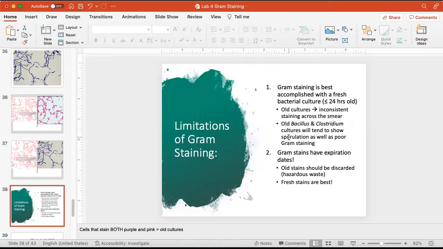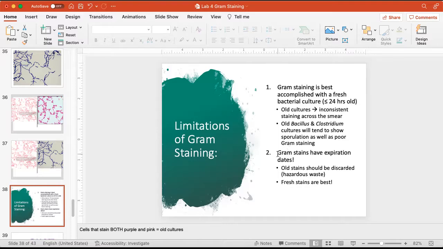So it's going to gram stain poorly, inconsistently, and I'm likely to also see some signs of sporulation. If you ever do a gram stain and the cells show signs that they're sporulating, your culture is too old. Your sample is too old, and you cannot trust those results. You need a fresh sample. You need a fresh culture. So the age of the cells really matters with gram staining.